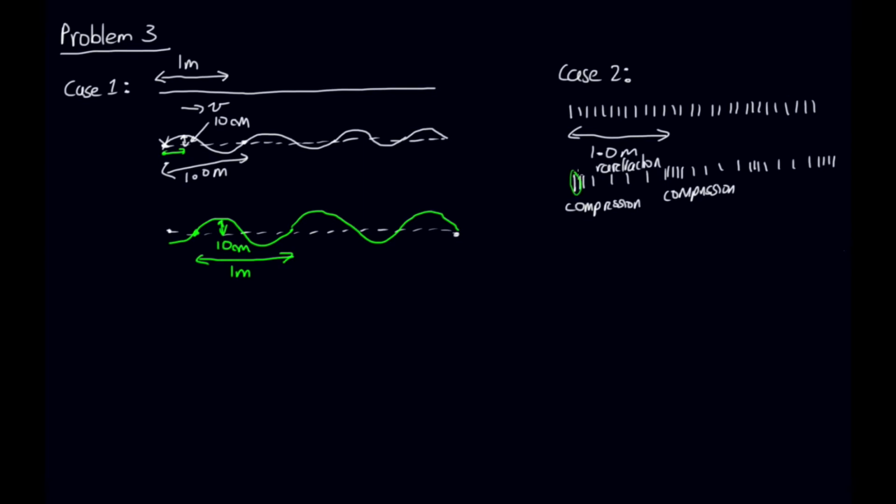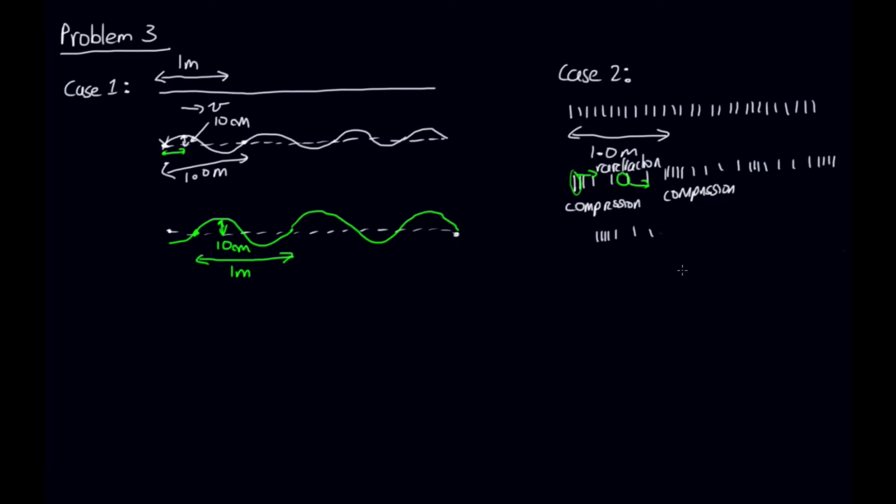Okay, now if we consider what happens a quarter of a period later, this compression has moved on a quarter of a wavelength. So it's moved on 25 centimeters. And this rarefaction in the middle here has also moved on 25 centimeters as well. Okay, so we have our compression around about here. So that's where they're closest together. And then our rarefaction is around about here.